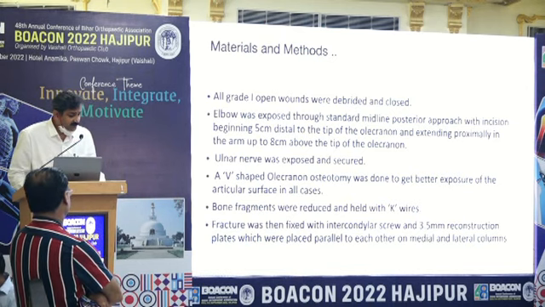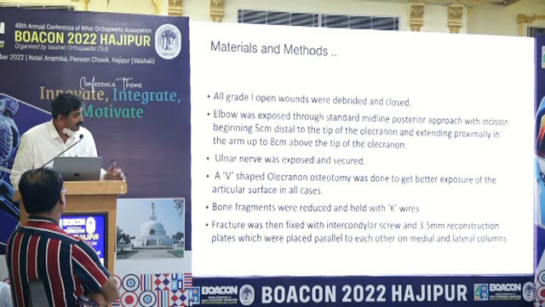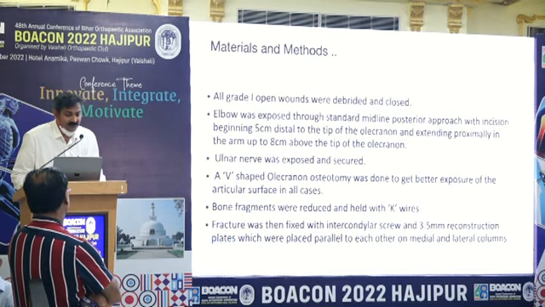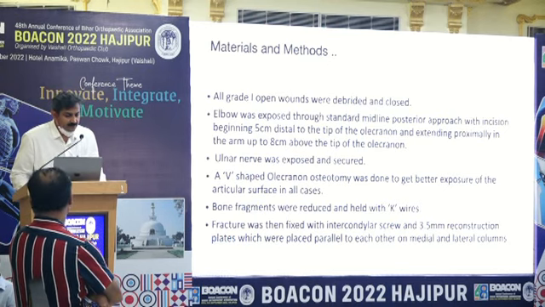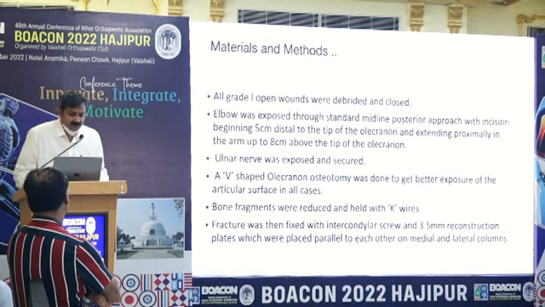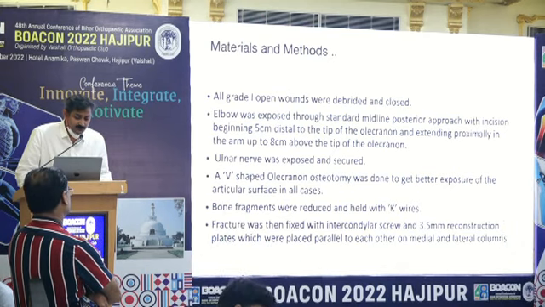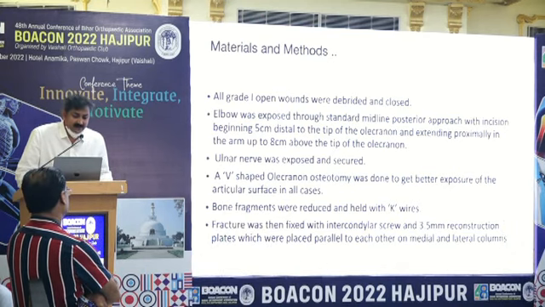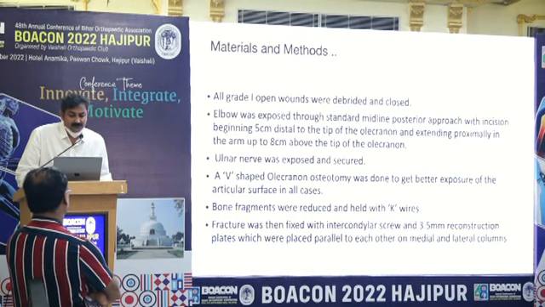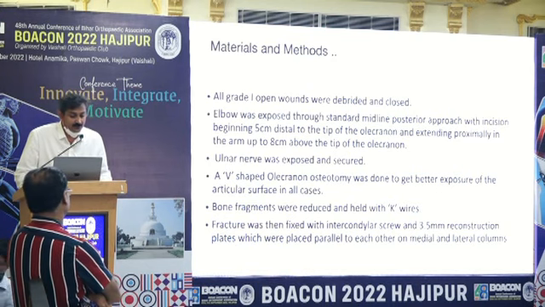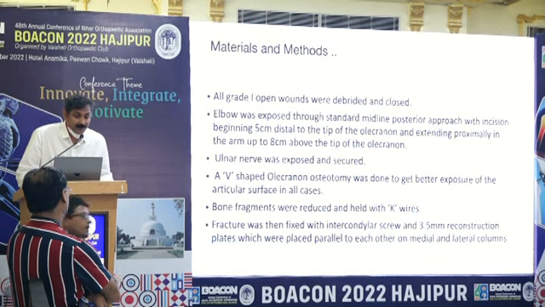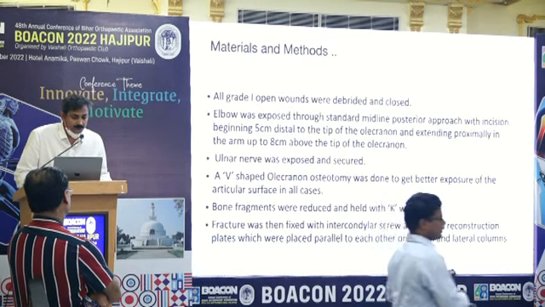The ulnar nerve was exposed and secured. A V-shaped osteotomy about 19 mm distal to the attachment of the triceps was done. A V-shaped Chevron osteotomy was done, and the fracture was fixed provisionally with K-wires, and definitive fixation was done with intercondylar screws and 3.5 mm reconstruction or anatomical plates in parallel fashion on the medial and lateral columns.